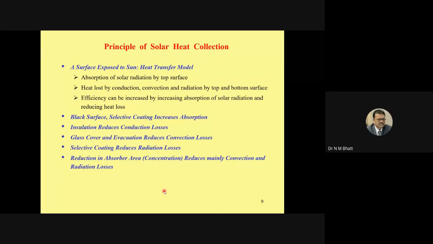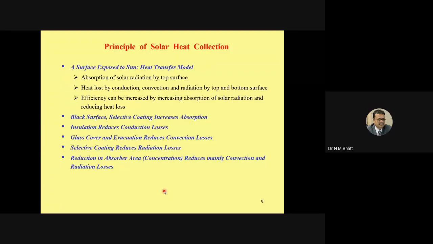So we want to absorb more radiation. The surface should have a color which has more absorptivity, and we have learned that the black surface has the highest absorptivity. So either we can use the black surface or we can use a selective coating to increase the absorption. There is another advantage of selective coating that we will see a little later.